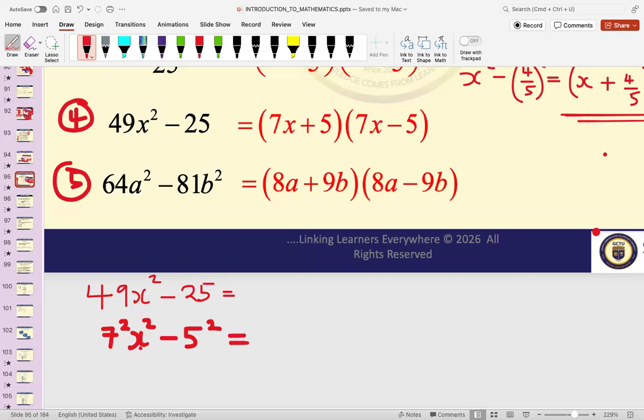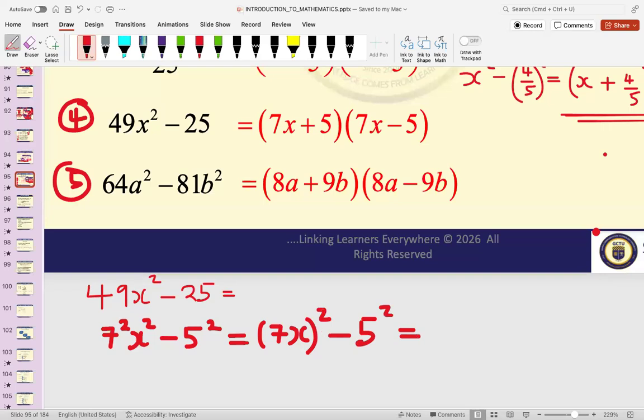Also, in algebraic expressions, when you have two different items having a square, you can put them in a bracket and bring the square out. So you put 7 and x in the bracket, and then you bring their square out. Then when you are going back, it will be 7x squared minus the 5 squared we have.